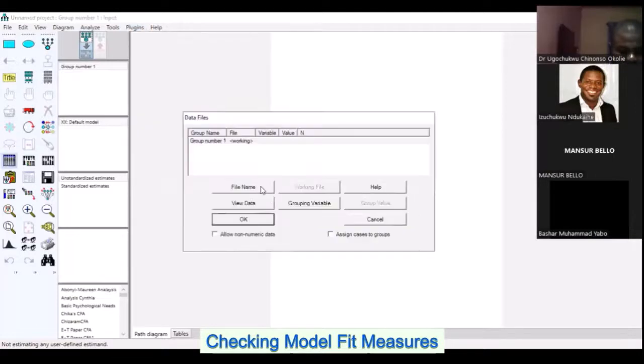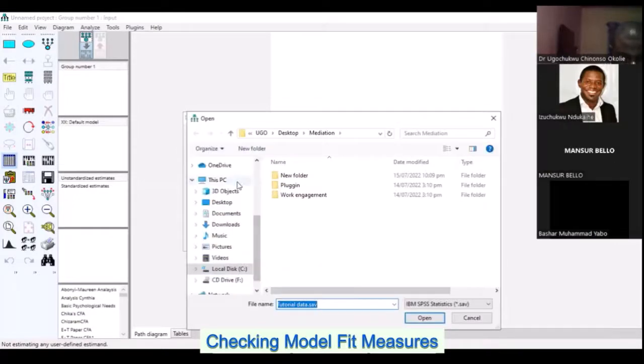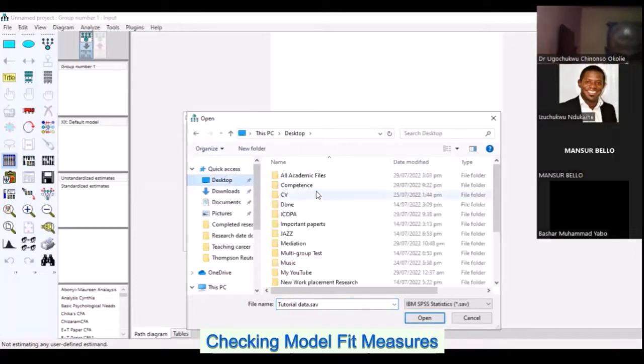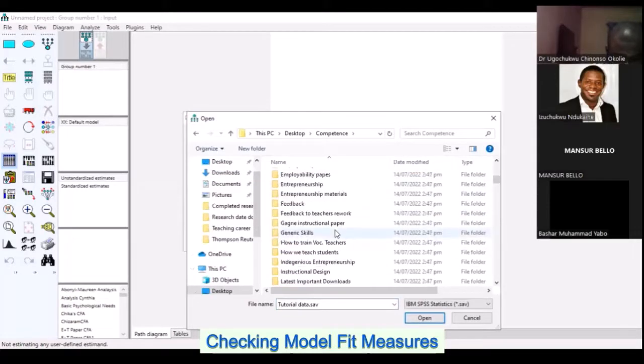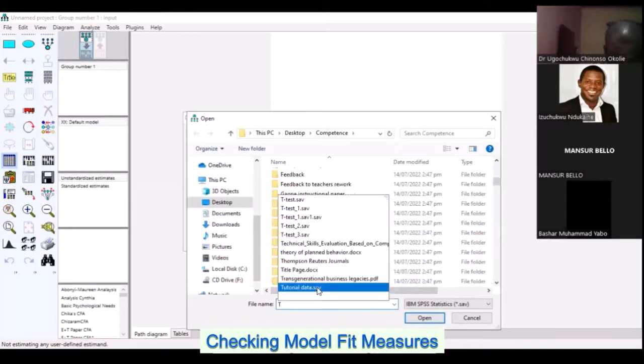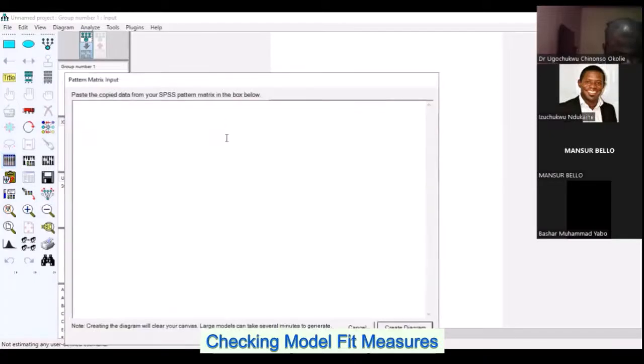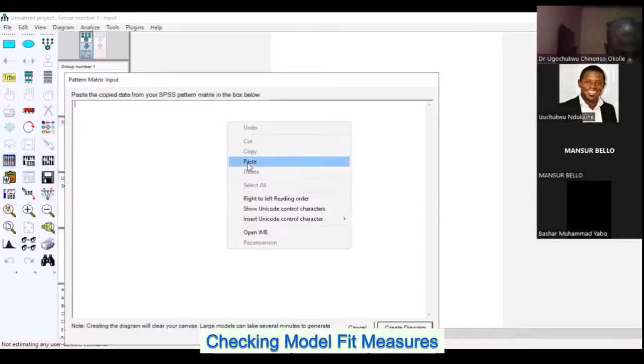Select the data. Then come here, these points. Tutorial.